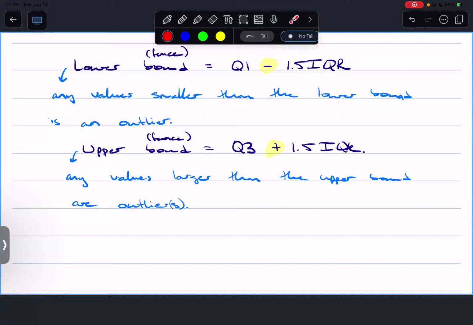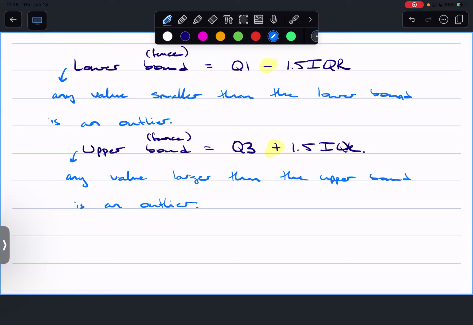That's all right, I think you get the idea. What if I change it to: any value smaller than the lower bound is an outlier? There, fixed it. I'll do the same thing: any value larger than the upper bound is an outlier. Now they're matchy-matchy.